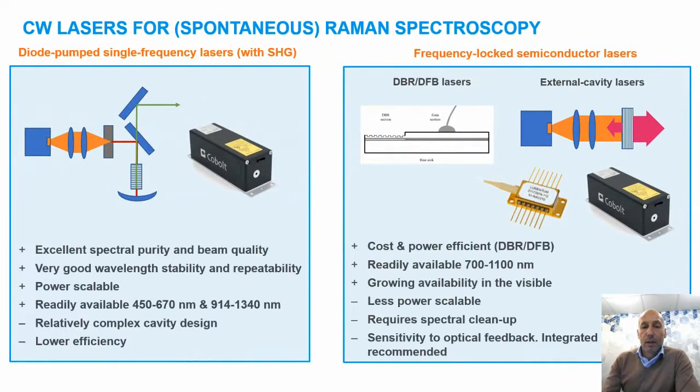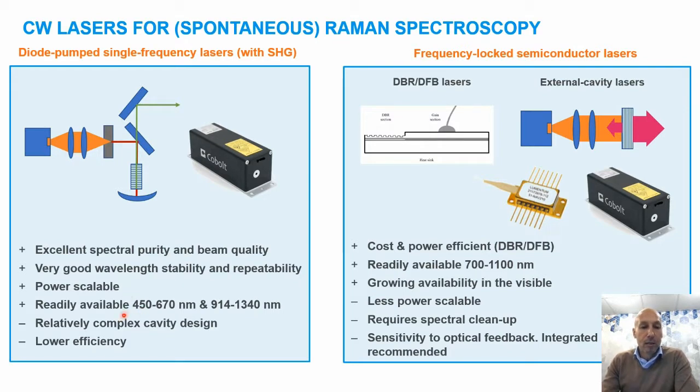So in summary, we can summarize some pros and cons of these types of laser technologies. The diode pumped lasers have excellent spectral purity and beam quality. They have very good wavelength stability and repeatability, so most of the lasers come out with the same wavelength. They are power scalable up to several hundreds of milliwatts or even several watts of power.